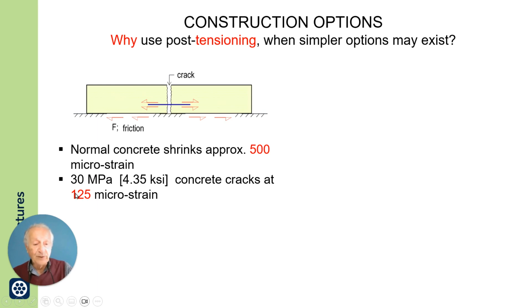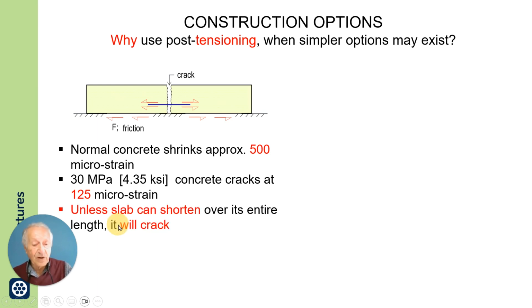So it is obvious that concrete is going to crack if you do not undertake a measure to control its cracking, because the shrinkage value is at least 4 or 5 times the strain which causes cracking. So unless the slab is allowed to shorten over its entire length, it cracks.